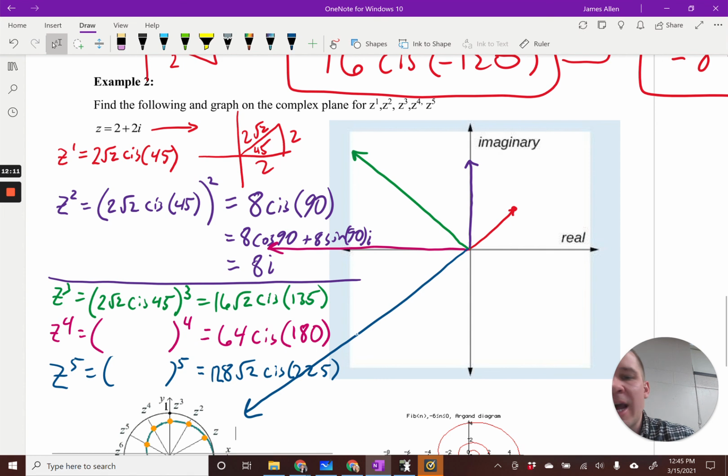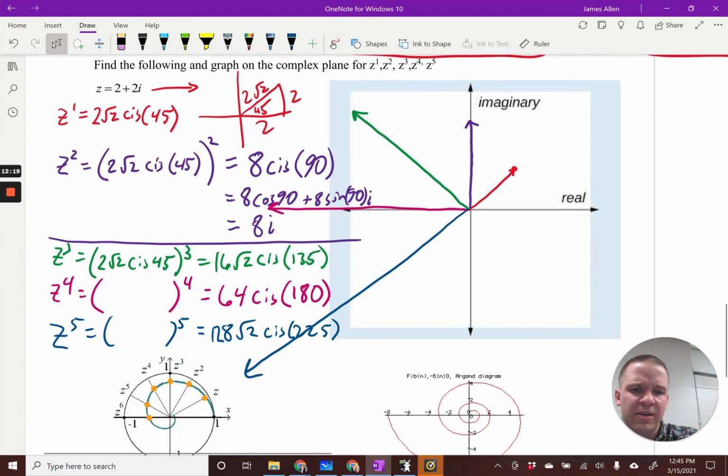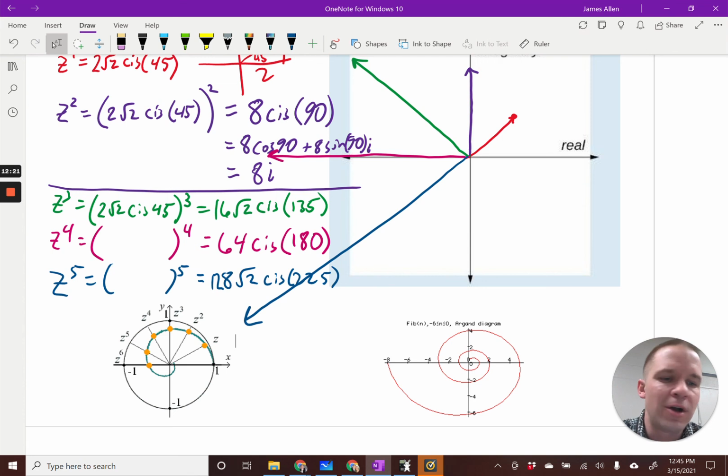I think I misspoke on this one; I think I said 16 root 2 earlier. My bad. But look at that. It's kind of fun. It all spirals. Us mathematicians always love finding cool designs, especially those spirals. You see how math books have all those fun spirals, right? Well, there you go.